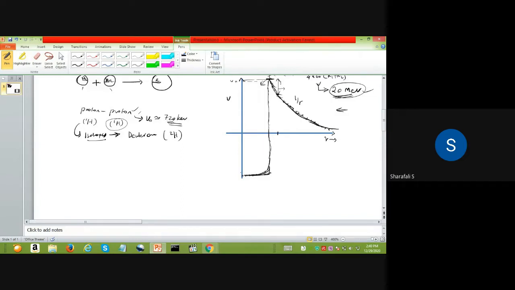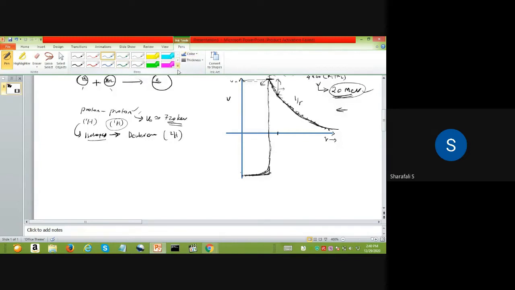When you use any isotopes with the same proton number but a different mass number, like deuteron or triton with H3, this will increase their size because the mass number is larger. It will increase their size, but it will not increase their number of protons. The number of protons, or charge, will be the same.